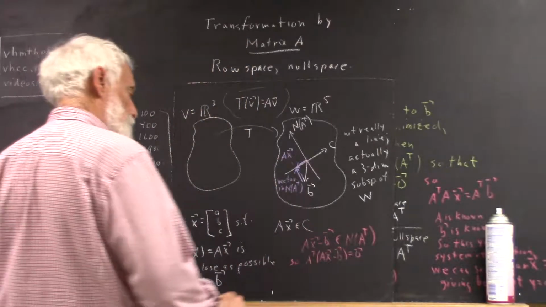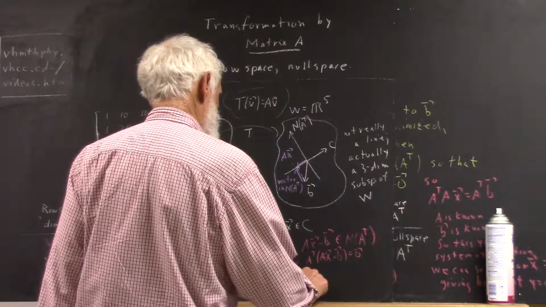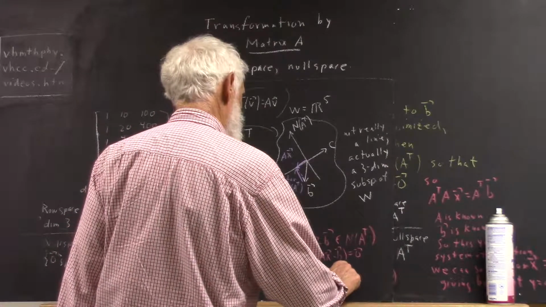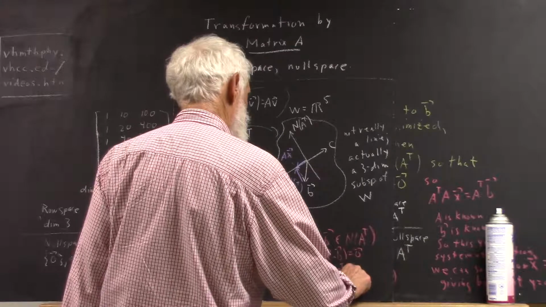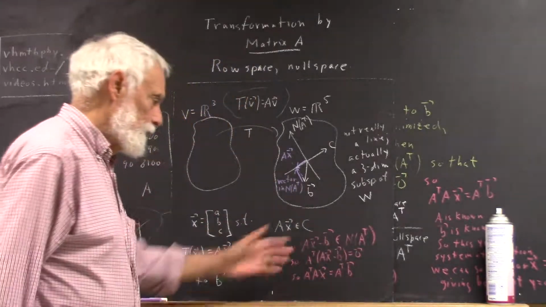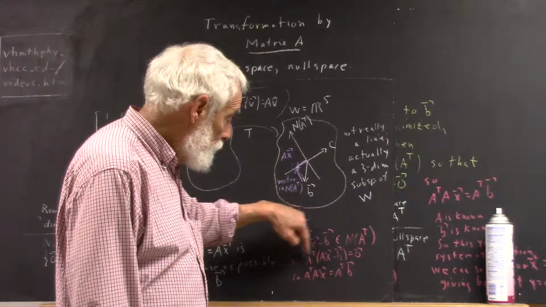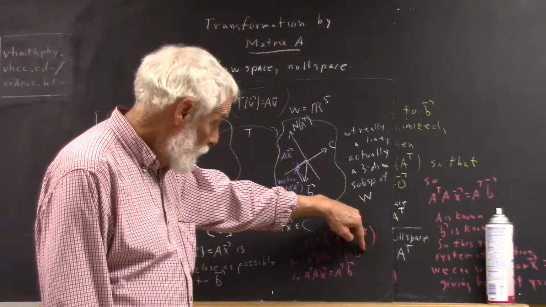And I'll write one more step. So A transpose AX equals A transpose B. Now I've skipped a step of the algebra, but it's A transpose AX minus A transpose B equals the 0 vector.